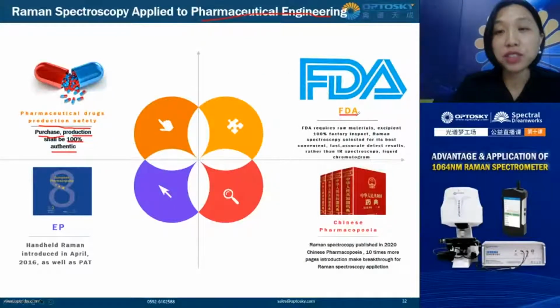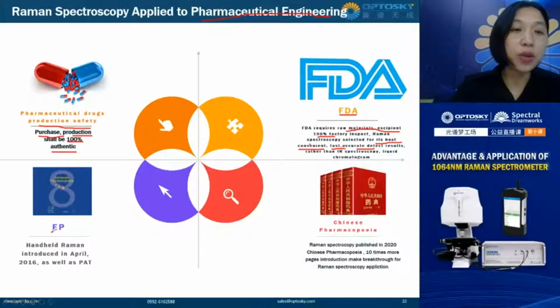Not to mention the FDA, it also requires 100% factory inspection of raw material and excipients. And Raman spectroscopy is selected as the best, convenient, fast, and accurate detection instrument.